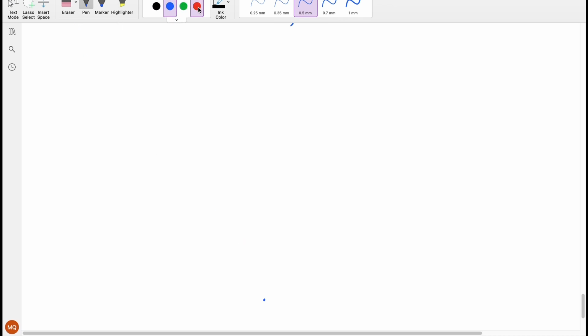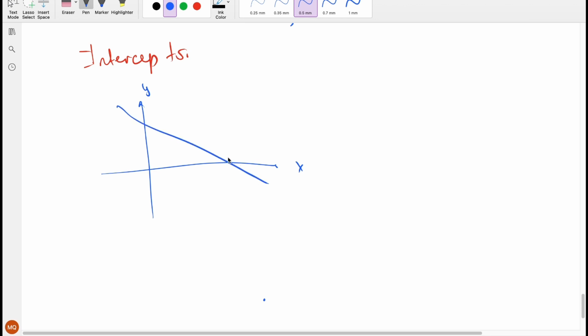Okay, now we are looking at intercepts. We have here the y-axis, here the x-axis. The point where the line crosses the x-axis is called the x-intercept. And here is called the y-intercept. The coordinate of the y-intercept is 0 and y. And for the x-intercept it is x and 0.